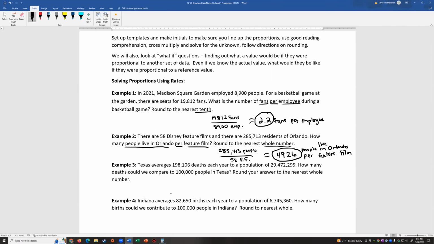It says Texas averages 198,106 deaths each year to a population of 29,472,295. How many deaths could we compare to just 100,000 people in Texas? So we're looking at a ratio of death over population, where we were given 198,106 deaths with this total population.